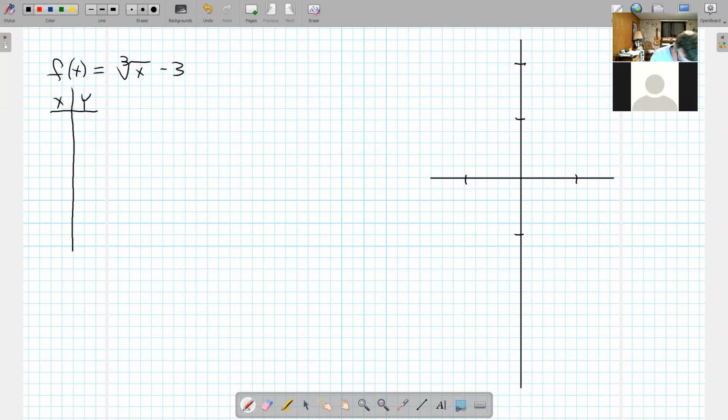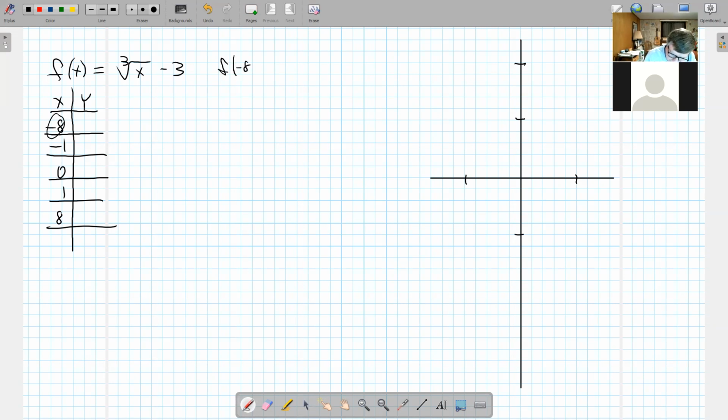And the table has the following x values: -8, -1, 0, 1, and 8. Why do you think they chose those specific x values? What's true about all of those x values? They're cubes, right? They're perfect cubes.